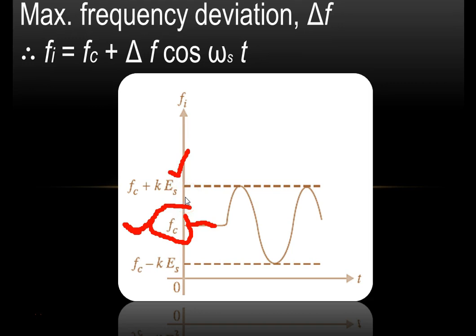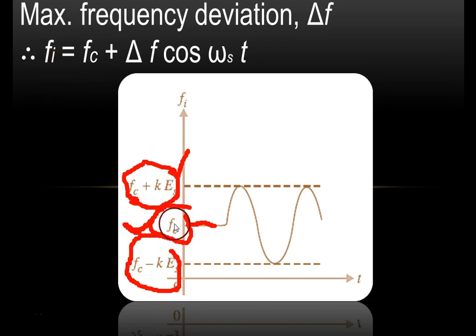And on the upper side the maximum variation is Fc plus KEs, where Es means the signal. And on the lower side the variation is Fc minus KEs. So the carrier frequency is varying now.